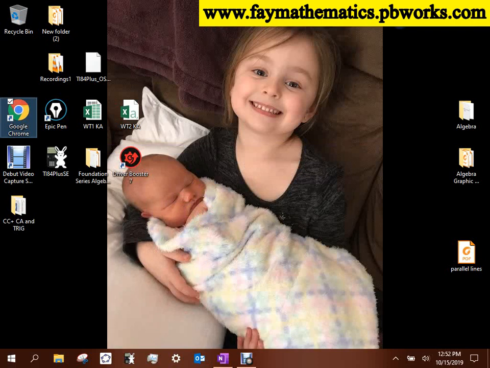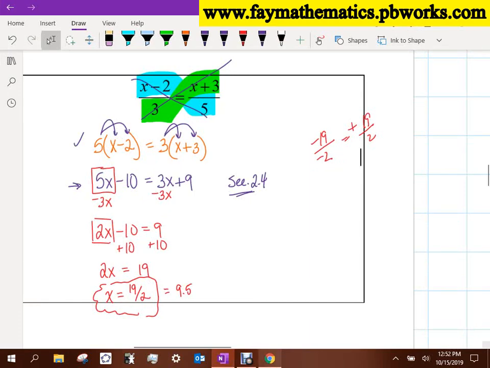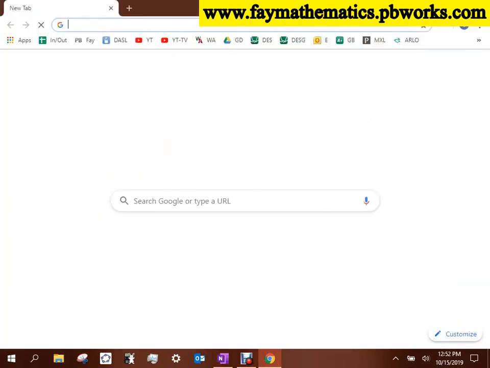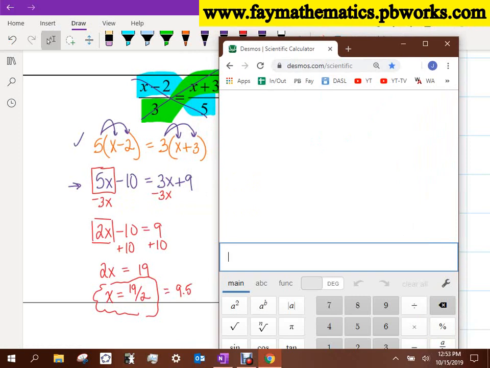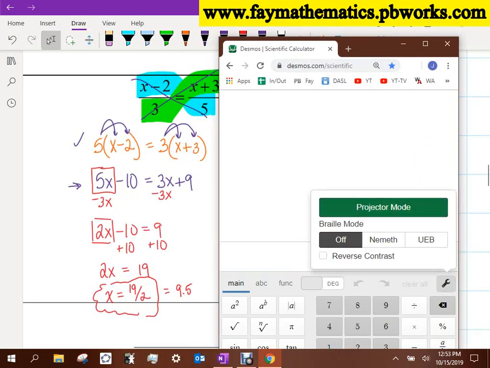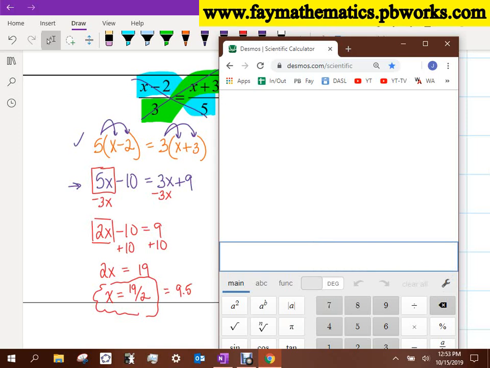Let's get Desmos open here. I would just type in the left-hand side of my original proportion, x minus 2 over 3.